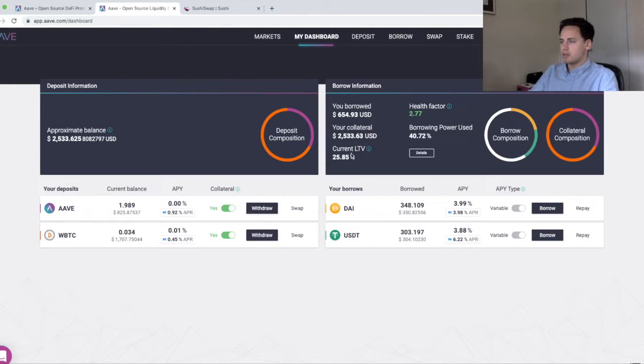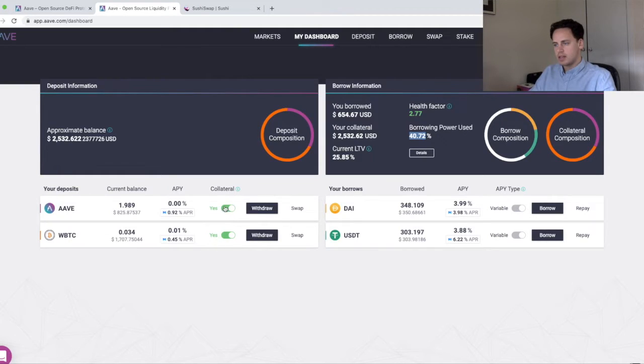Now we'll jump back onto my dashboard, and we can see the borrowing power used has jumped up to 40.72%, and our loan to value ratio has also increased. So another important thing to point out with Aave, if you are going to take out a debt position, is that you need to have this ticked on as collateral.